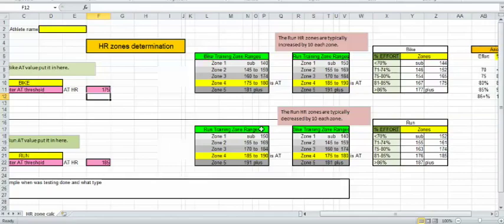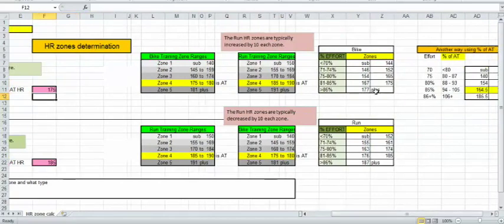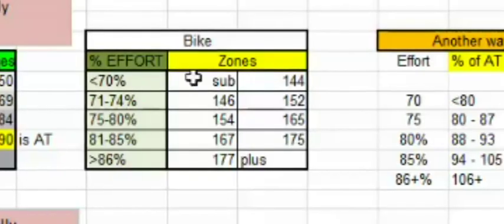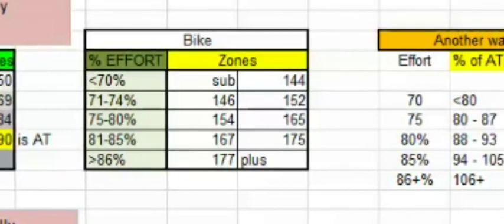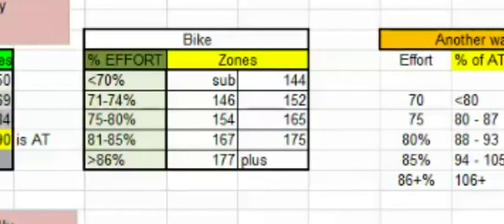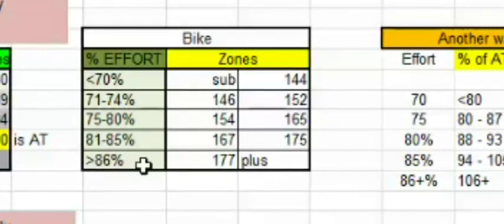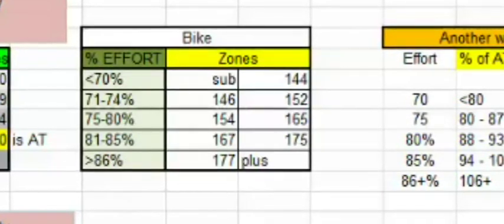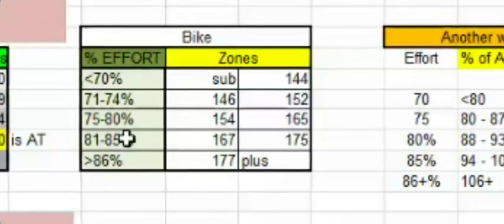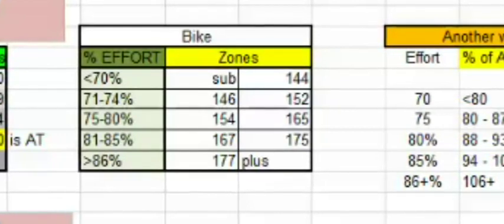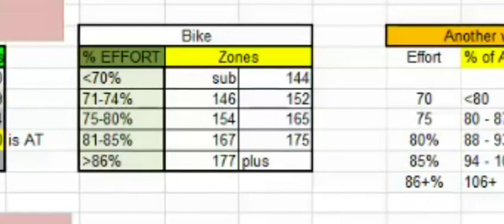Basically, this threshold value is going to be 85% effort. Once you know 85%, you can work backwards or forwards. So 85% is 175. Then you determine what 81% is, and you can find that range.